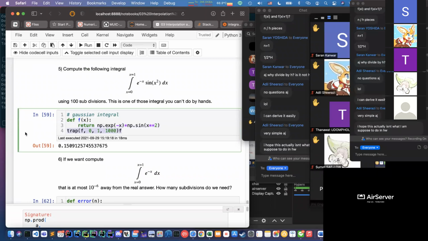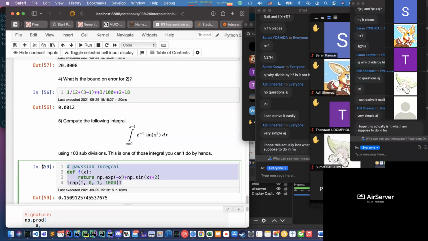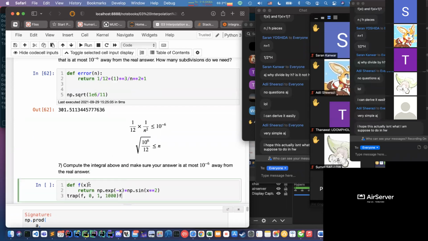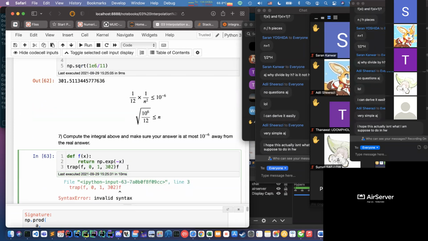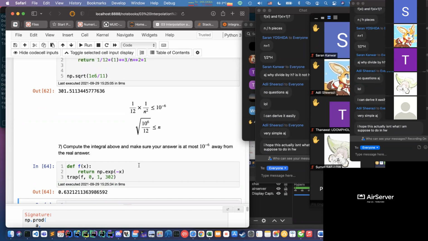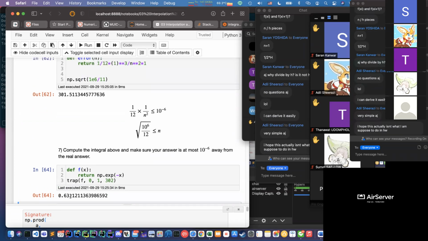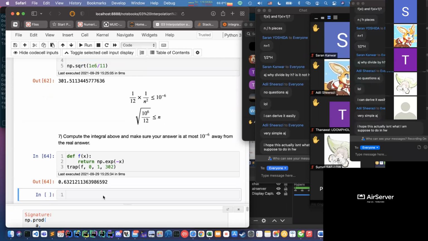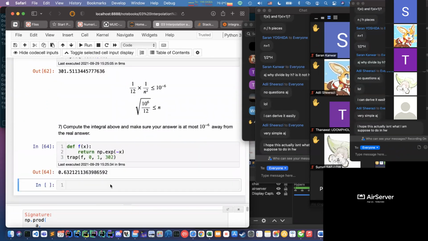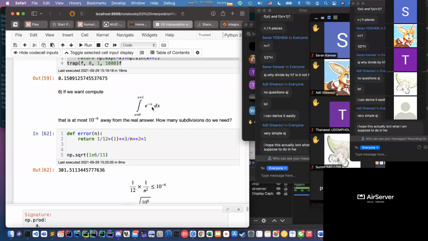So that means you can just do np.exp minus x, and then you just need 300 pieces. 302, so let's make it 302, from 0 to 1, blah, blah, blah. Invalid syntax, because I did that. And that's all. So you guarantee that it's accurate to at least 6 digits, which is easy. You just integrate it.